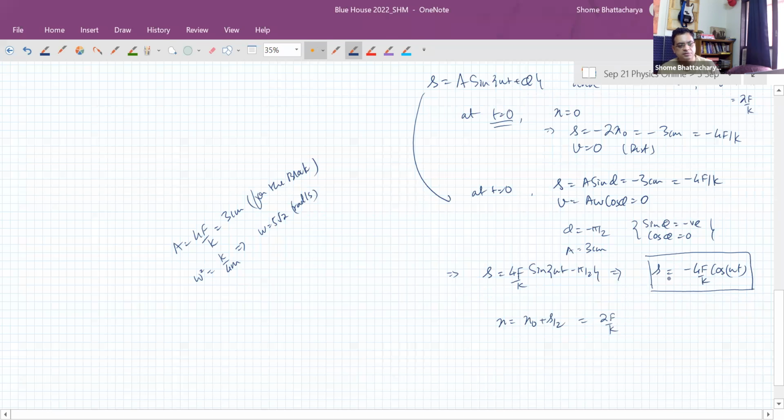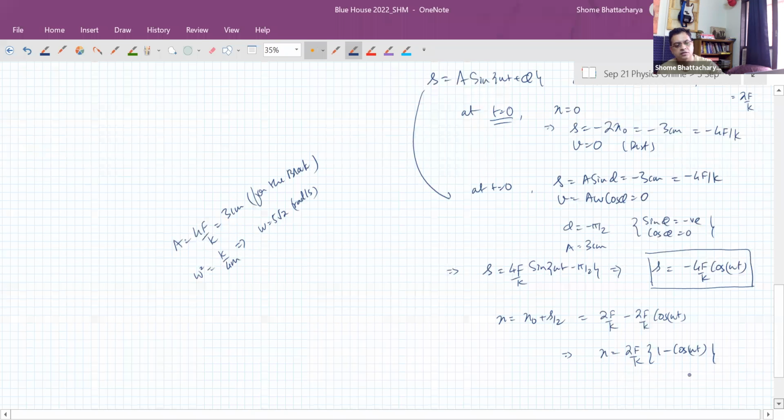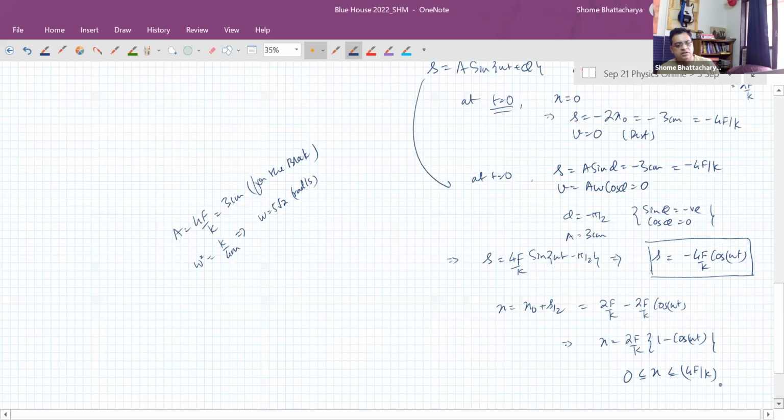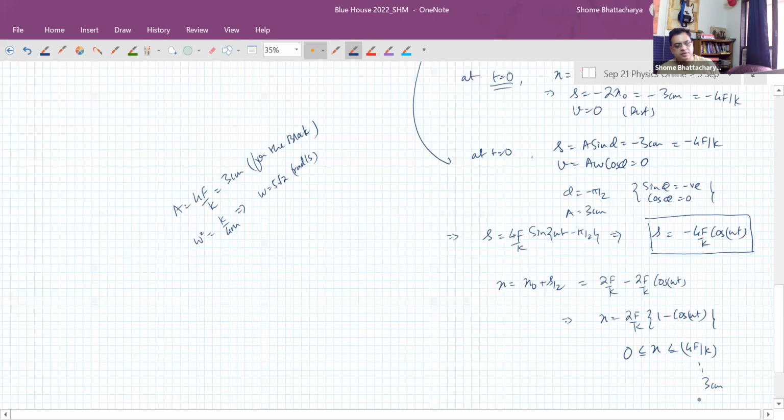This is the displacement from mean position of the block. So s by 2 is minus 2F by k cos omega t. So extension of the spring, if we use SHM concept to understand it, is like this. You can see that the range of motion of the spring is between 0 and 4F by k, or 3 centimeters. So this is my x maximum.